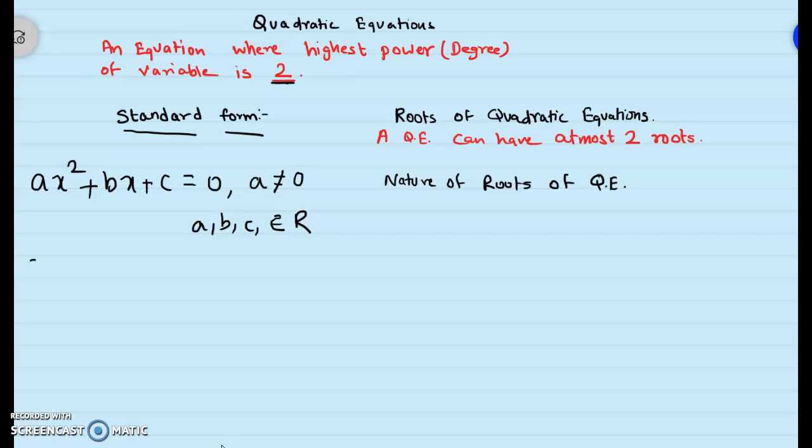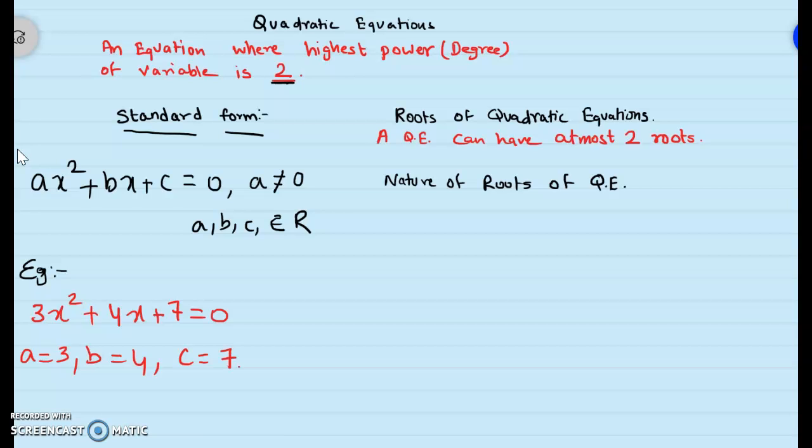For example, we can write 3x squared plus 4x plus 7 equals 0. This is a quadratic equation. Comparing it with the standard form, we get a as 3, b as 4 and c as 7.